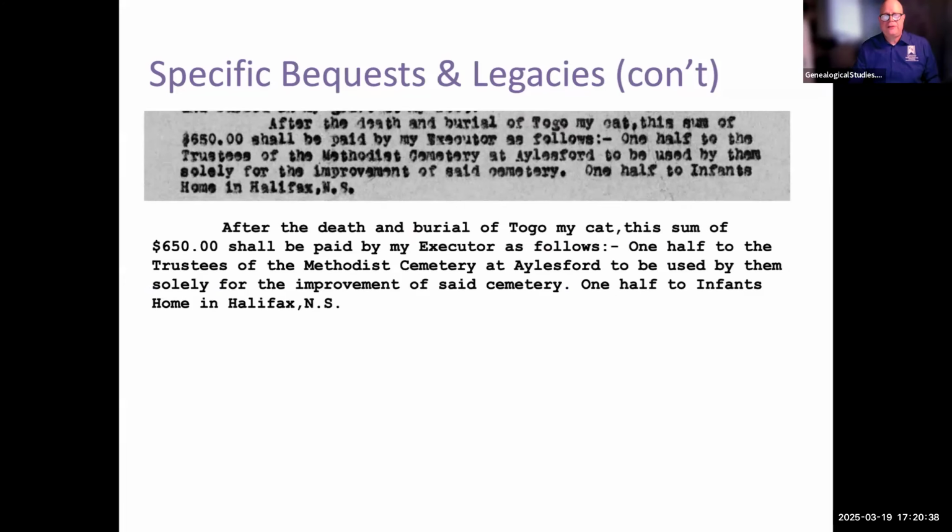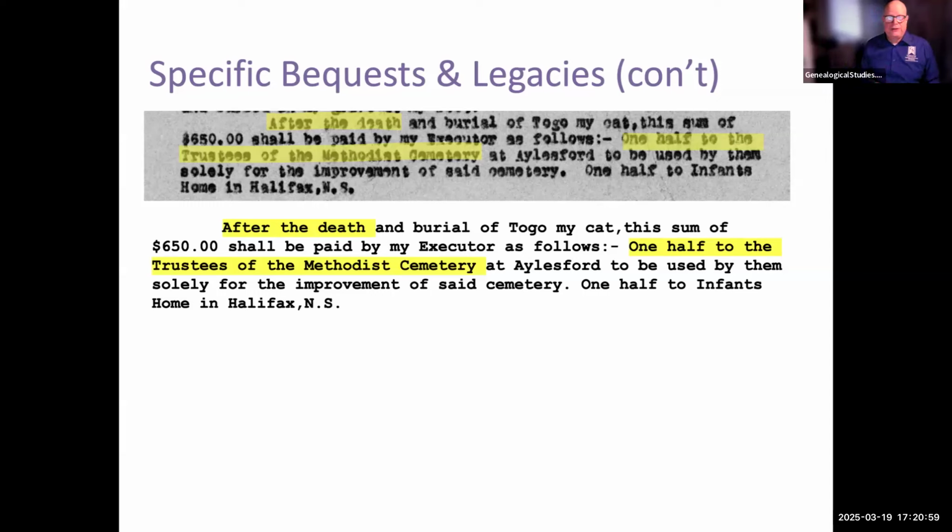Now, after Togo is dead and gone, God rest his soul, the $650 that was set aside to generate interest to pay for his maintenance gets divided. And what does she do with that? Well, she says half of it is going to go to the Methodist Cemetery in Aylesford.